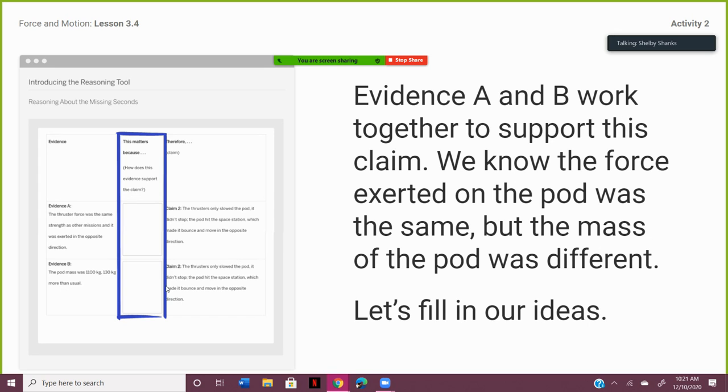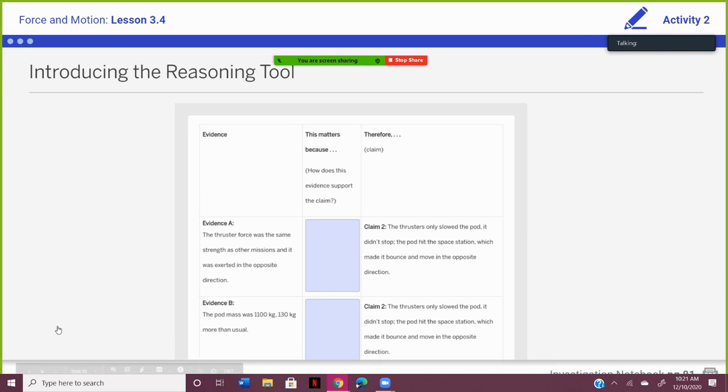All right, take some time if you have not already. Make sure you fill in that middle part of this chart.